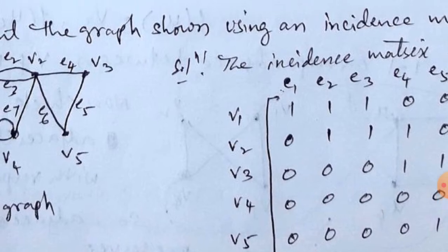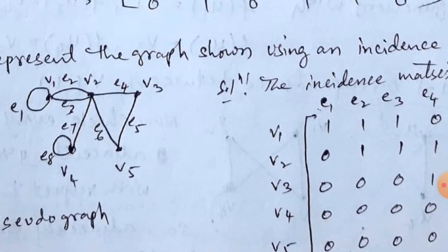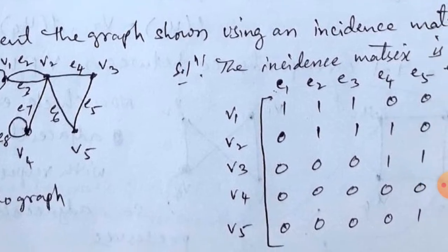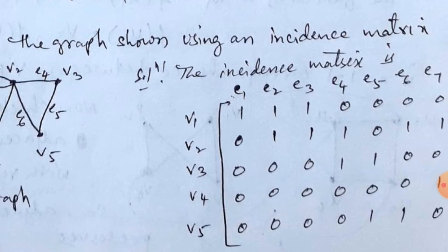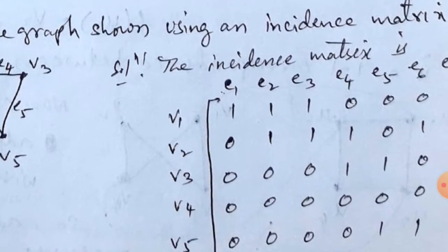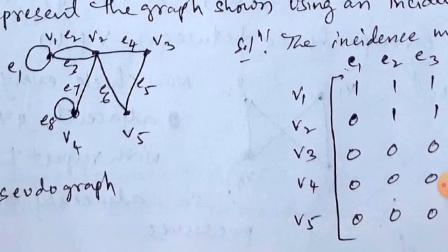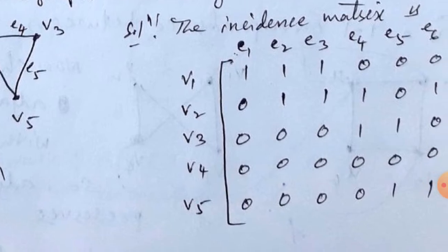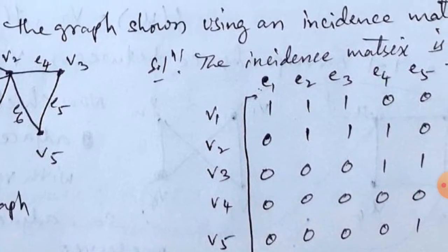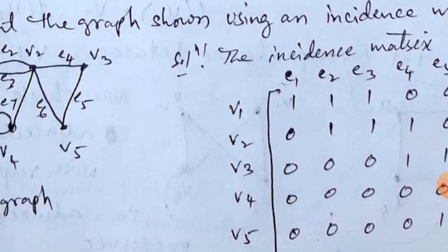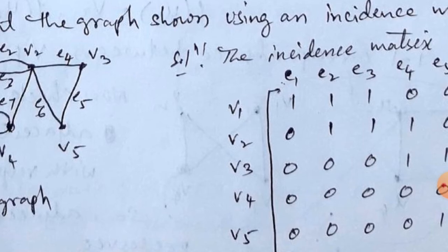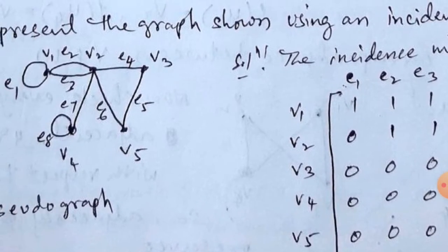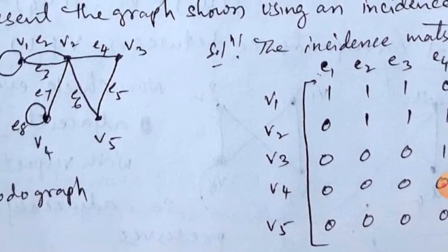Now E2 is incident on V1, and observe the same E2 is incident on V2 also. E2 is incident on V1 and V2. That means there is an edge from V1 to V2. We can represent it as E2.